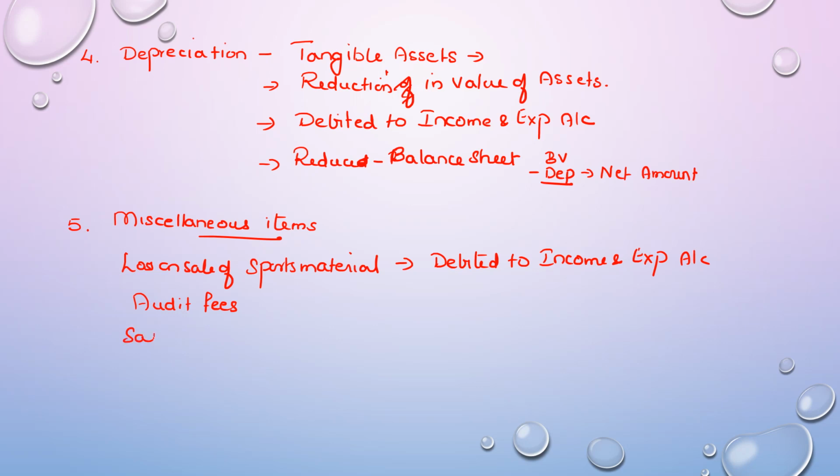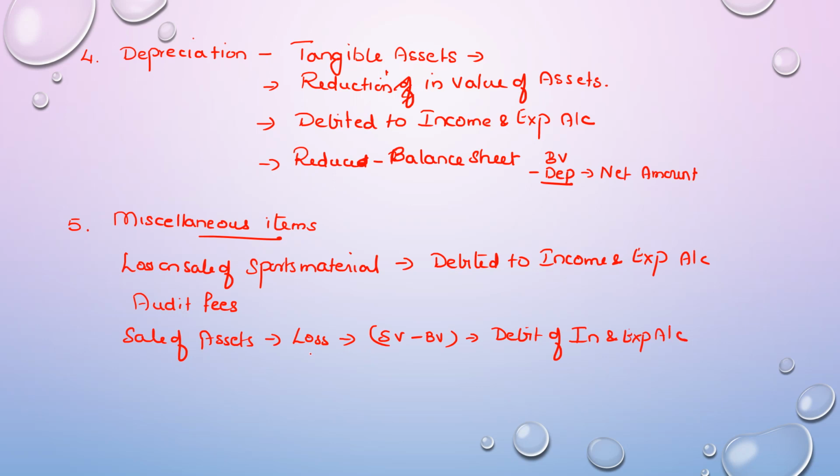There could be sale of assets, and the sale might lead to a loss. The amount of loss, that is sale value minus book value, comes to the debit side of your income and expenditure account.